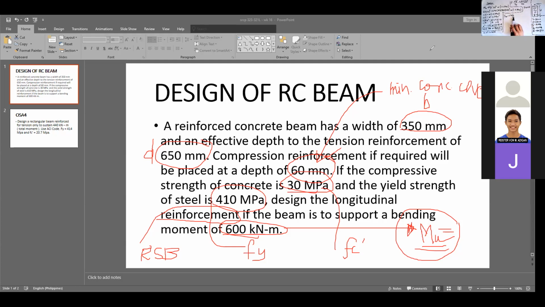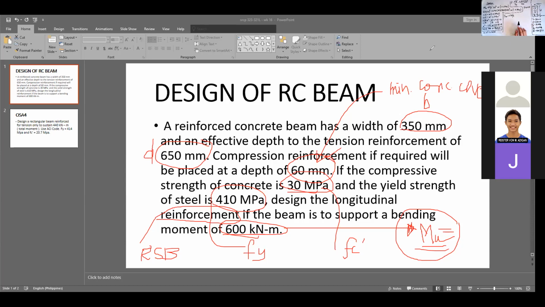That is rho B. So steel concrete ratio is As over area of the concrete. So area of the bar, As, divided by the area of the concrete. So that is steel concrete ratio. So we are going to check for the balance steel concrete ratio. 75% of that is the maximum steel concrete ratio.